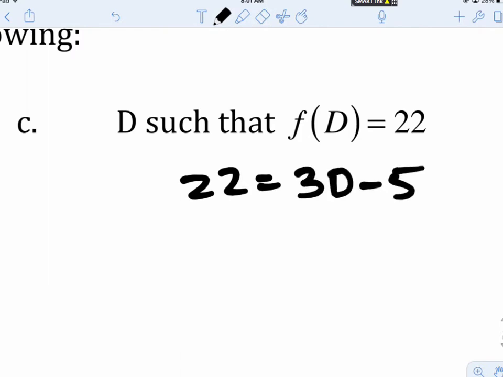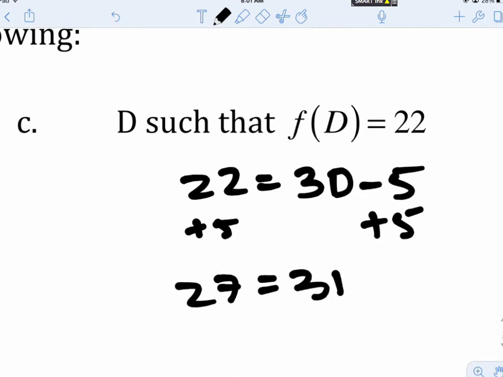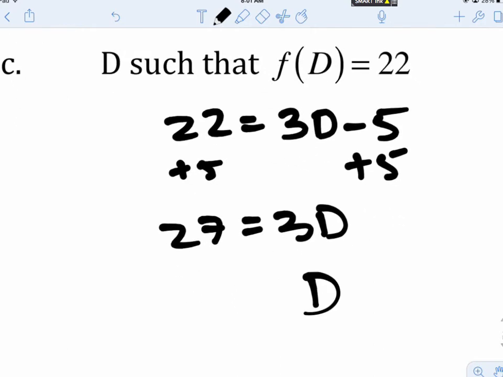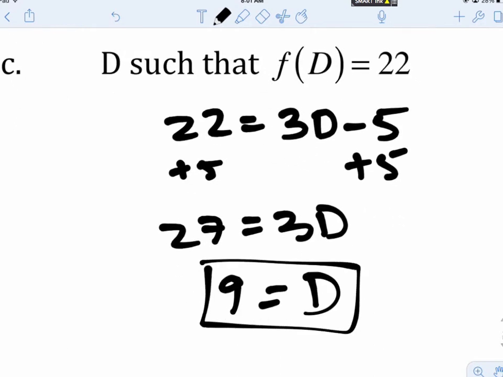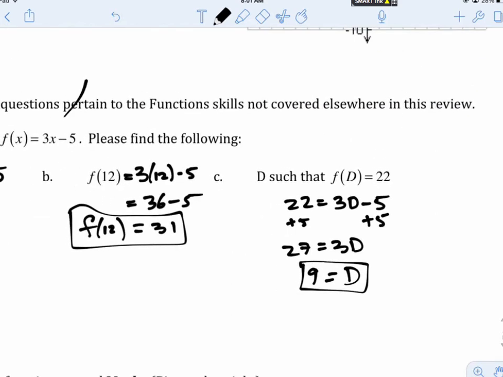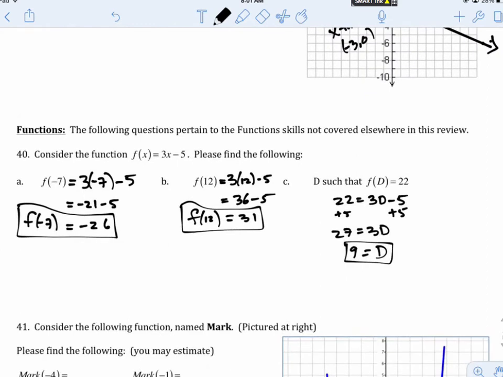And now we've got a nice, easy equation to solve. So we have 27 equals 3D, D equals 9. And we can confirm that if the input were 9, and we substituted that in right here, 3 times 9 is 27 minus 5 is 22. So f of 9 is definitely going to be 22. So that was a kind of tricky problem. It's all about just interpreting what the question is even asking.